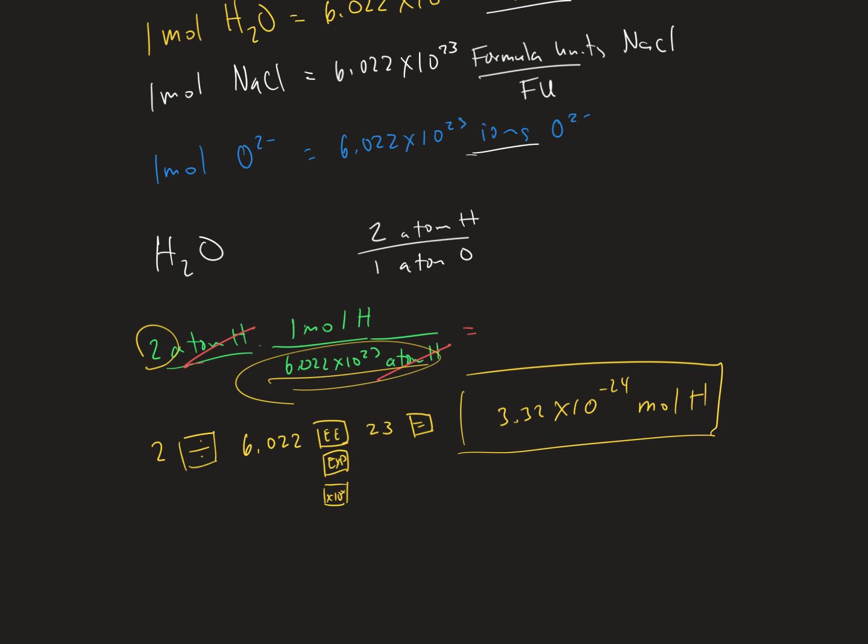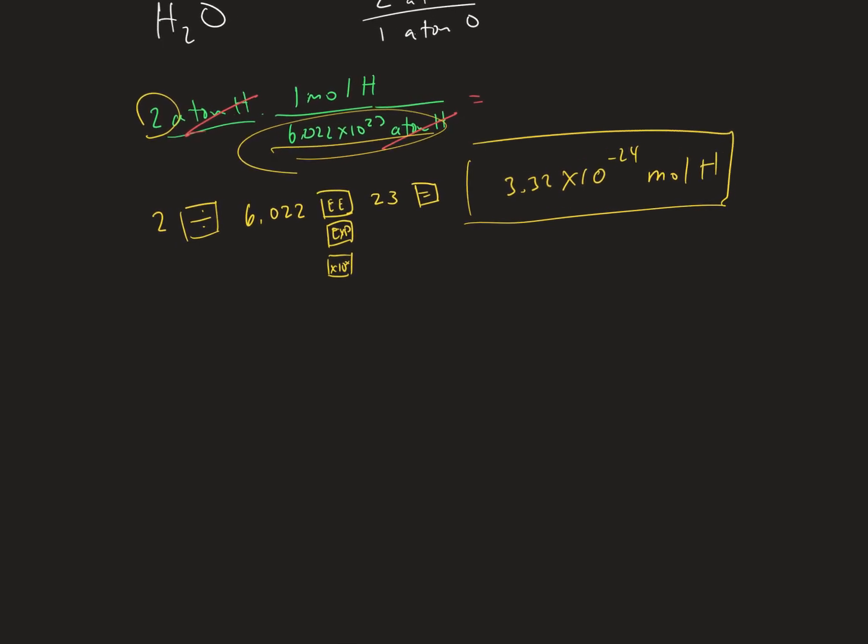Start parentheses, 6. And let me just show you why it's not working on some of your calculators. If you do 2 divided by 6.022, sometimes your calculator will say it's times 10 to the 23. That's what your calculator is doing for some of you.